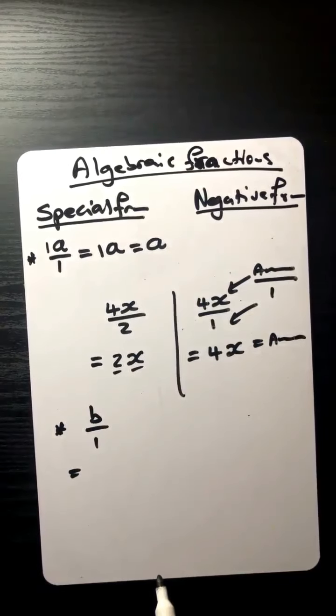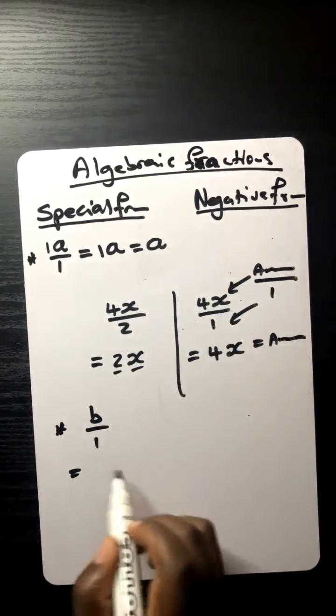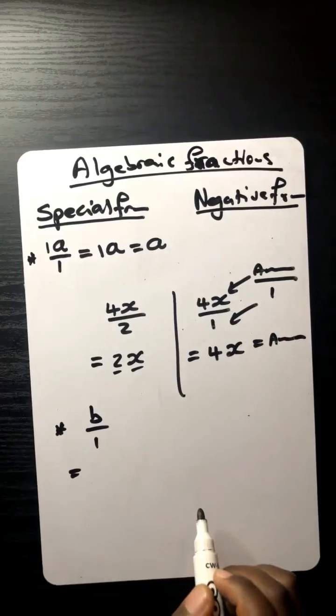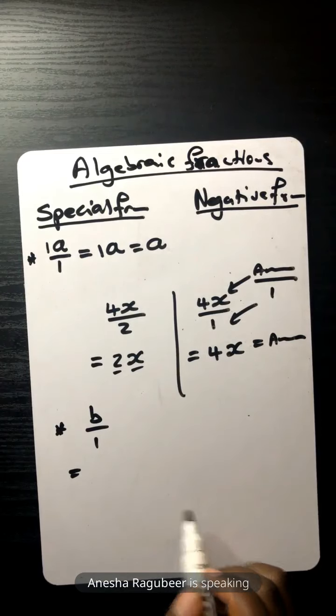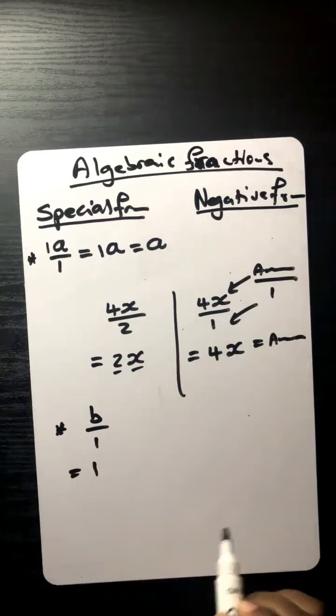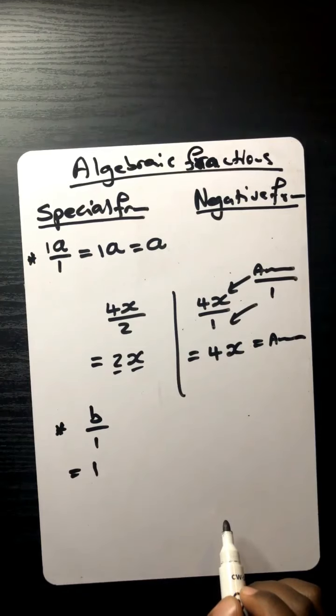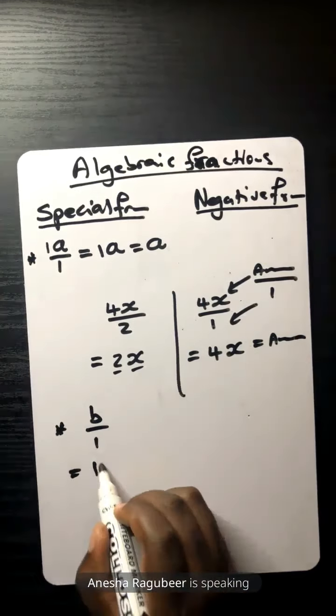So b would be 1. Or maybe tell me what to write there. Since there's an invisible 1 in front of the b, it will be 1 over 1, which will give me 1. 1b, which is equal to b.